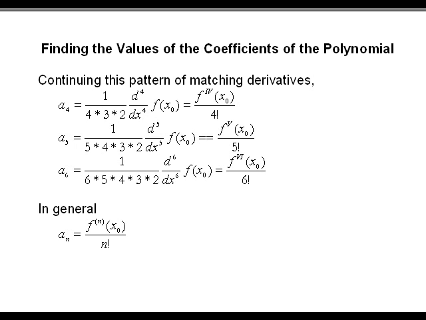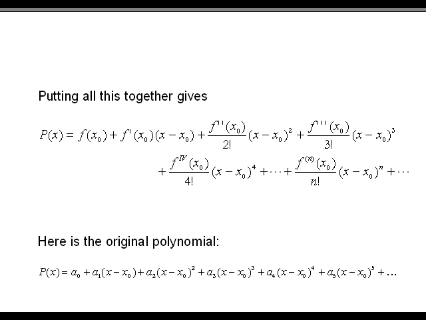Because we've taken multiple derivatives, we end up with these numbers in front of a to the 4th, and we have to divide those out. So in general, the nth coefficient equals the nth derivative of the function evaluated at x0 divided by n factorial. And here's the result.